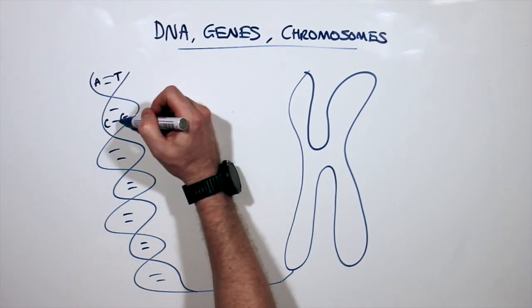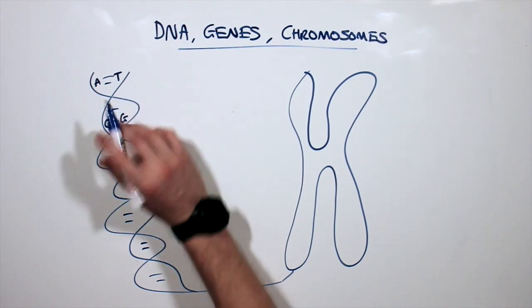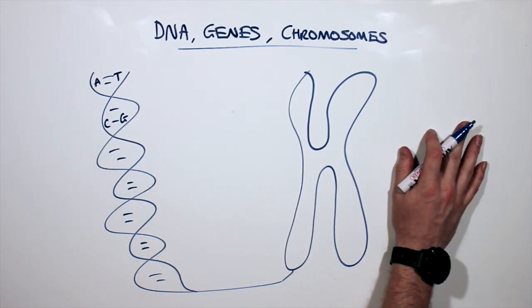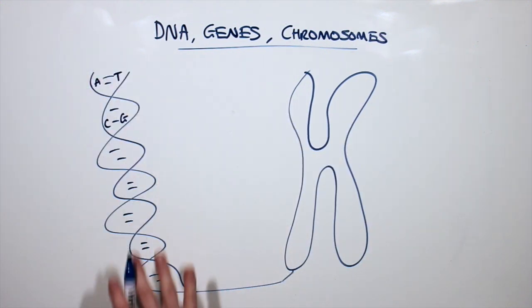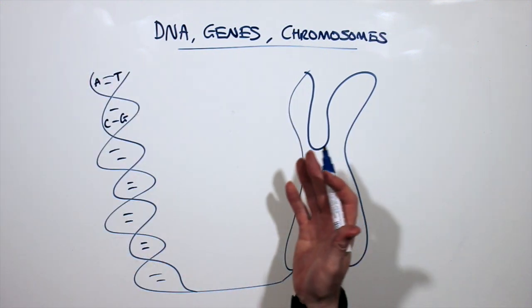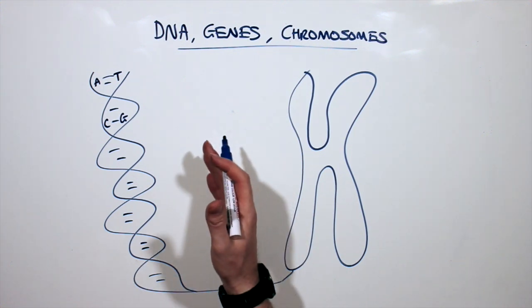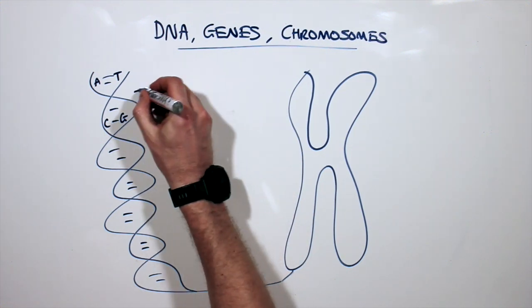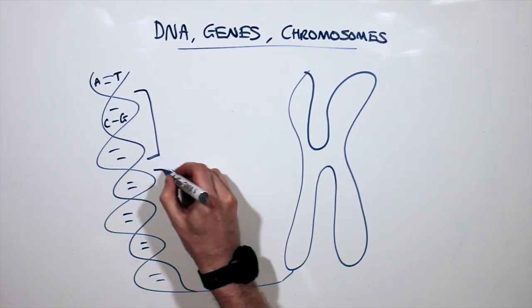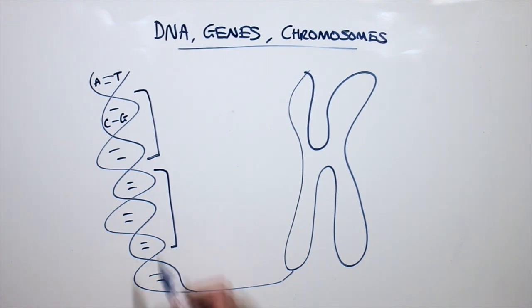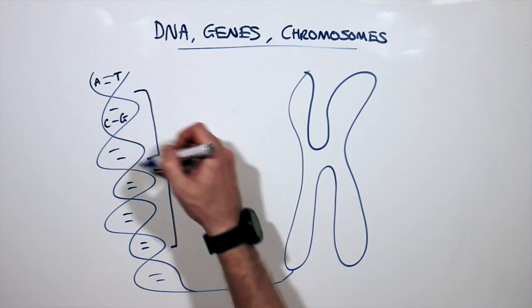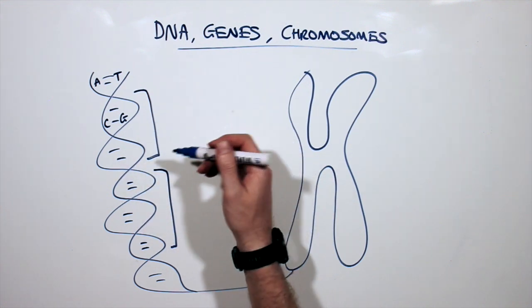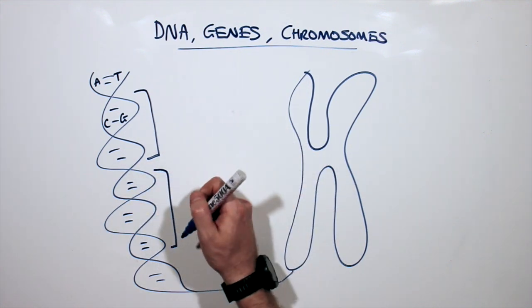These A's, T's, C's and G's will provide instructions for a process that we'll later understand called polypeptide synthesis, where we turn these instructions into a protein. Now that's important because these instructions along different parts of the DNA double helix can then code for different proteins, which can lead to different traits.